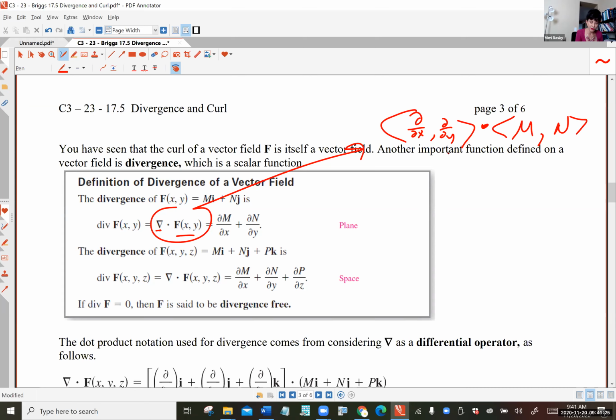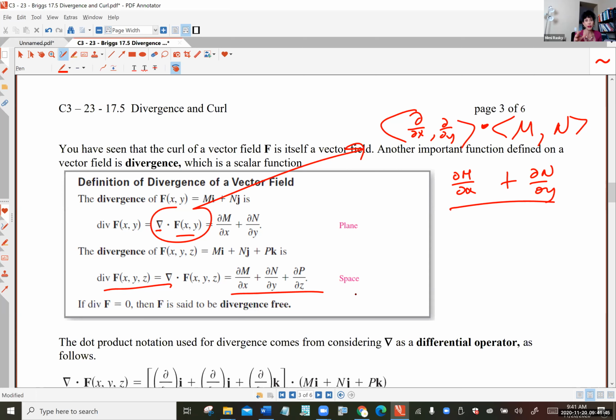So then when you do the dot product, you take dM/dx plus dN/dy. And that's known as the divergence of your vector field. And then you do the same thing for a 3D vector field and you get the divergence of a 3D vector field. So it's really easy to find because it involves the dot product, not the cross product.